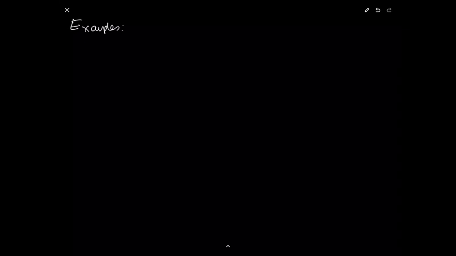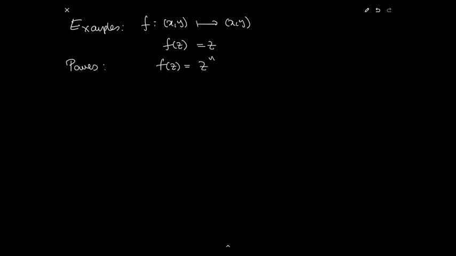The simplest example is the function that maps xy onto xy. Now that is nothing more than f of z equals z. And we can make it more complicated. We can take powers. In other words, we can have f of z equals z to the n, where n is any positive or negative integer.